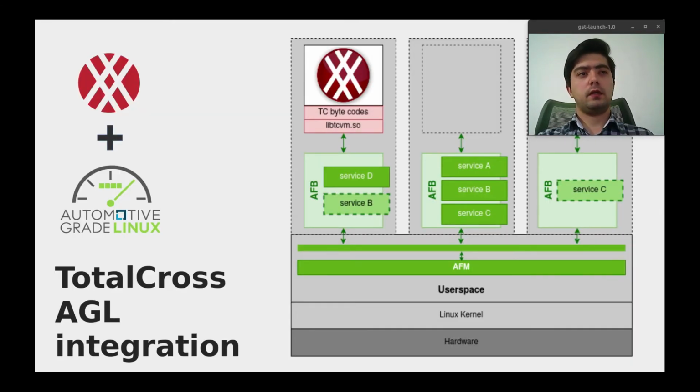Here we have a diagram just about how TotalCross applications are going to adapt to the AGL application layer. Thanks to AGL's adaptive and flexible architecture, we can just add some native modules to our virtual machine and package manager.